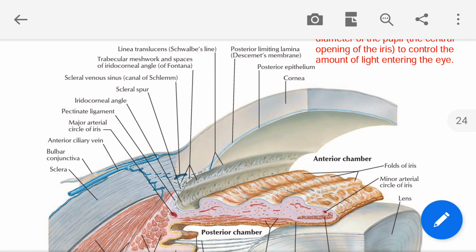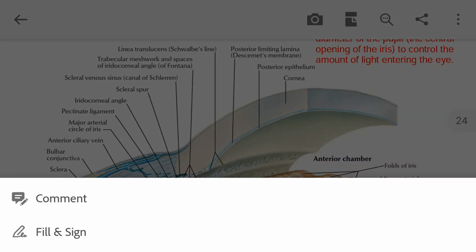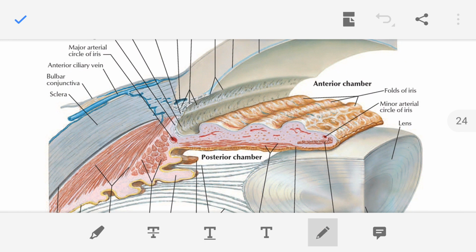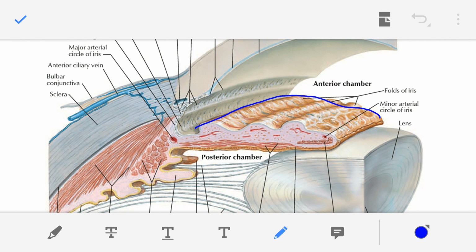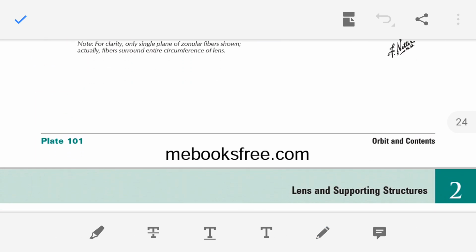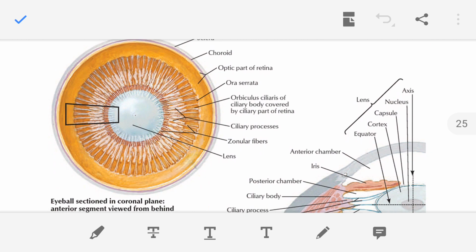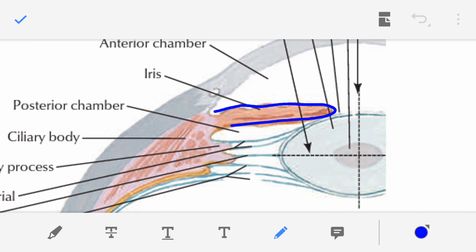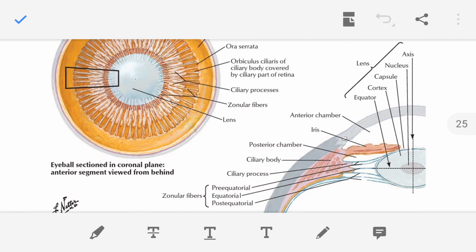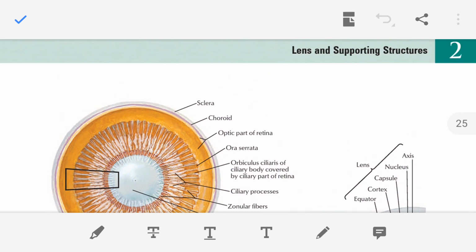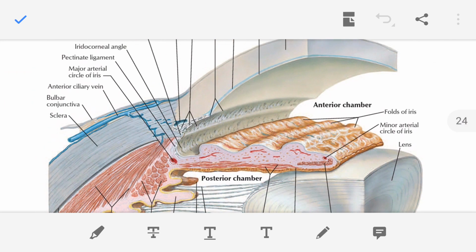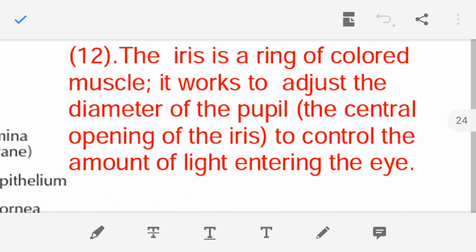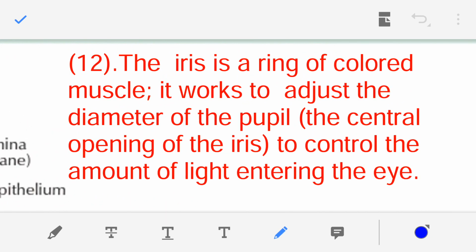Now the iris. First, let me show you. This is the iris, a part of the iris, not the entire one. Then in this figure, from the side we are looking, this is the iris. The iris is a ring of colored muscle.